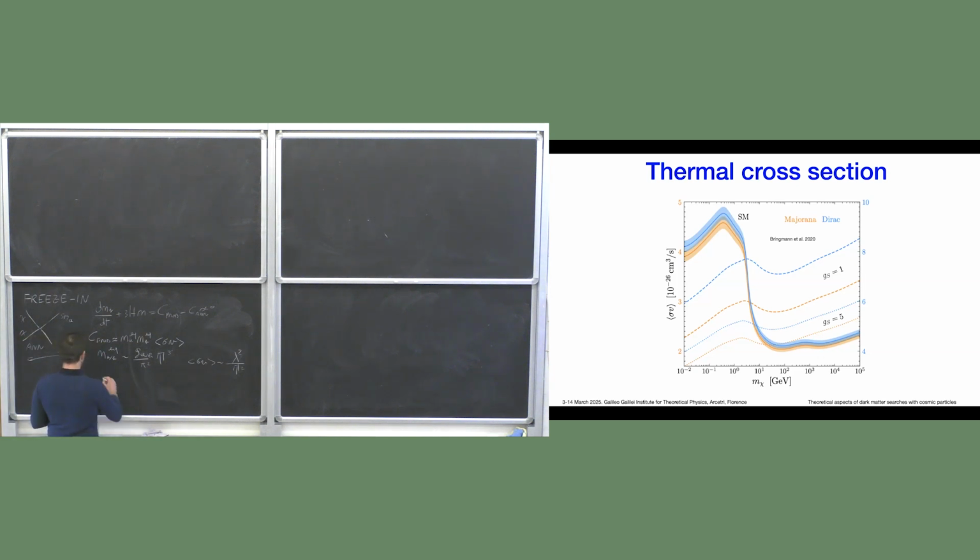So the C production, following all these rules, is basically g squared lambda squared T to the fourth power. We assume the two particles A and B to be equivalent. Then we can again solve the Boltzmann equation as we did before.